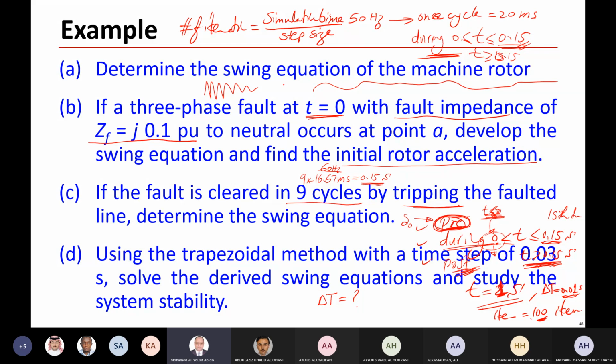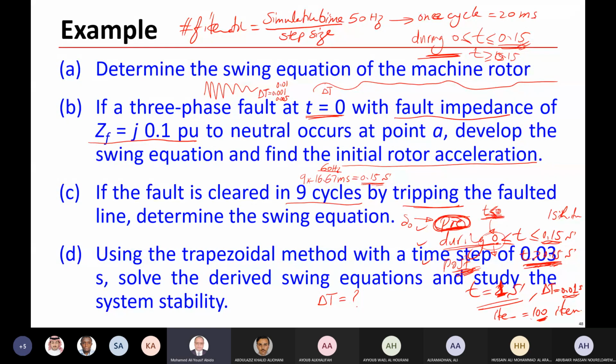A time step for this would be different than the time step for this system. For example, in a power system, usually we set delta t very small, and this is a highly nonlinear equation, so it could be 0.001 or 0.005 or 0.01 maximum. Okay, is it clear?